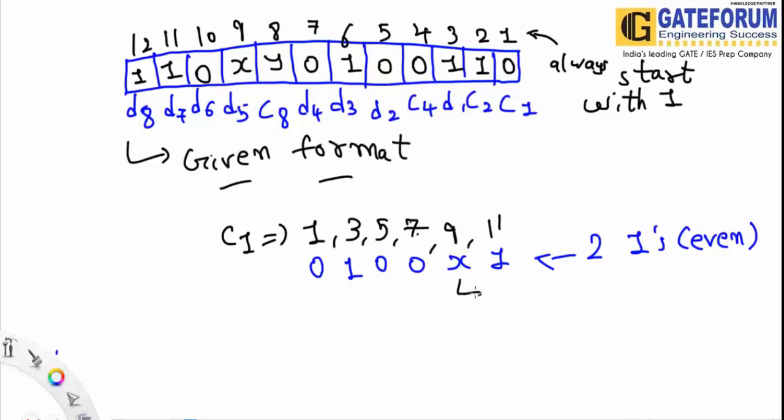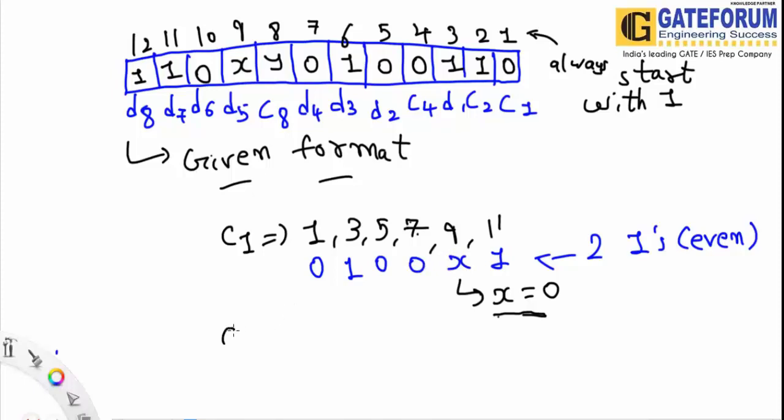So basically we would require X to be 0. Everybody able to understand? We already have an even number of ones in this particular section, so that's why the value of X is required to be 0.